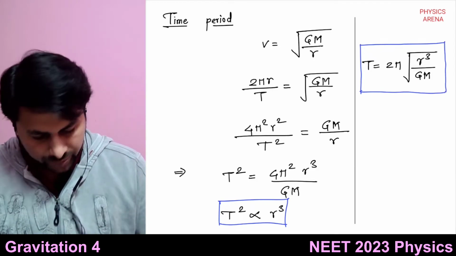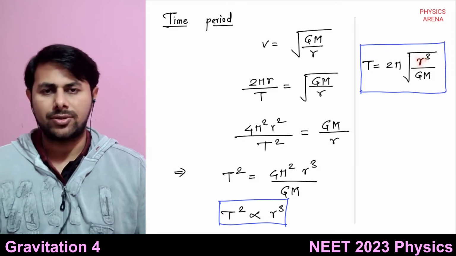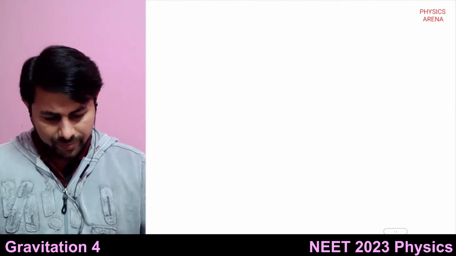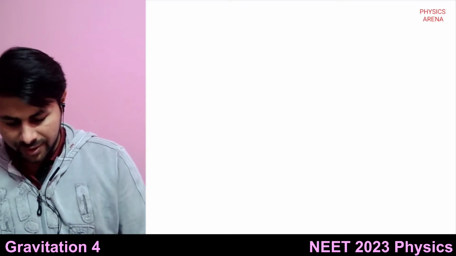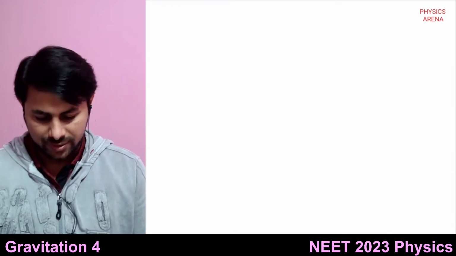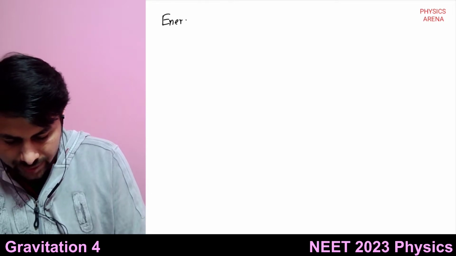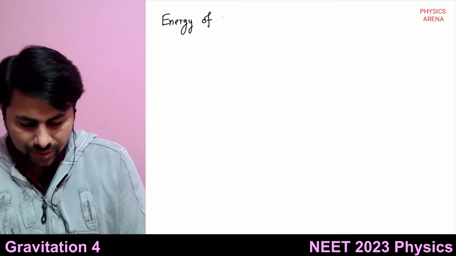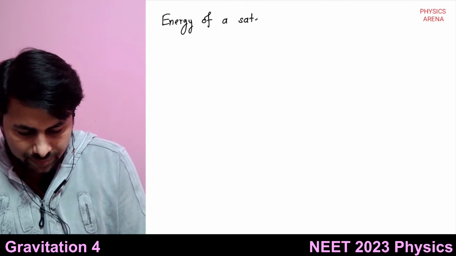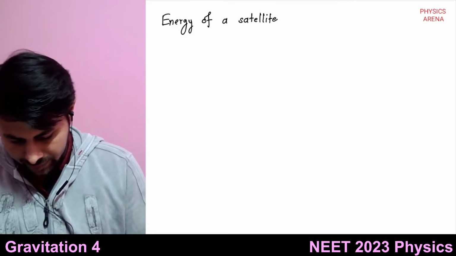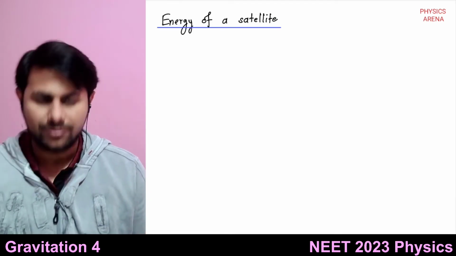And if we want, we can substitute small r equals capital R plus h everywhere. So then let's find out the energy of a satellite revolving around Earth in a circular orbit.